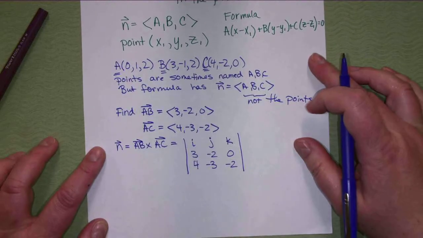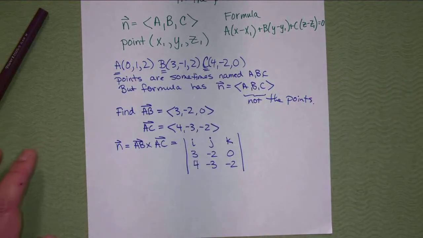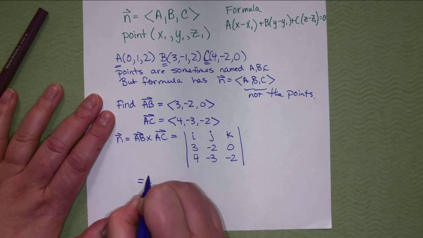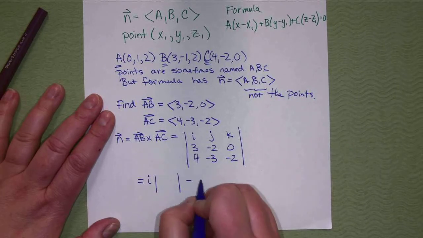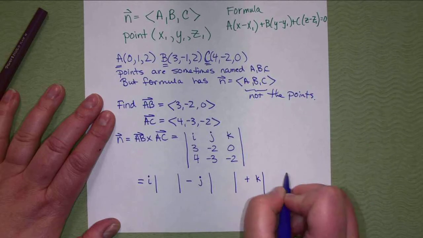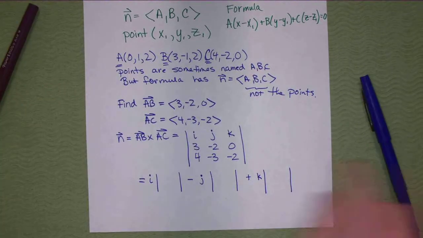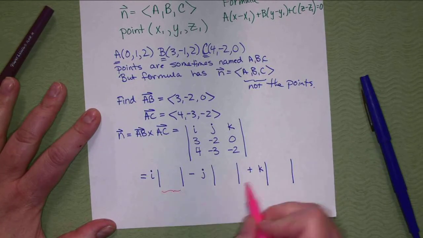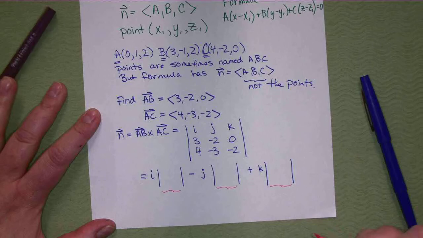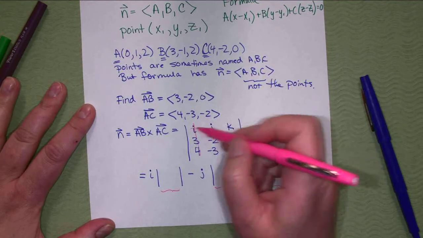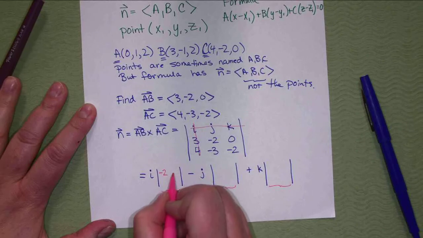And then we need the I minus J plus K. So that's sort of like the formula. Those are brackets to put the 4, right? We're going to put the 4 little determinants in there. So for I, cross off the I, and we have minus 2, 0, minus 3, minus 2.